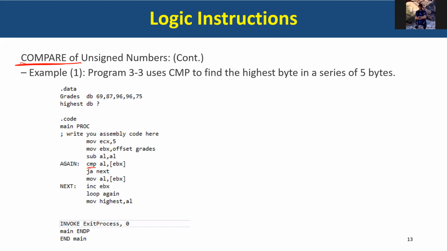These are some grades for some students, for example 69, 87, 96, 96, and 75. We're gonna store the highest value in a variable called highest. Let's see how we can use the compare instruction to find the maximum value between these five values.